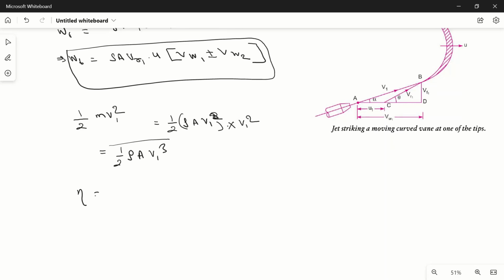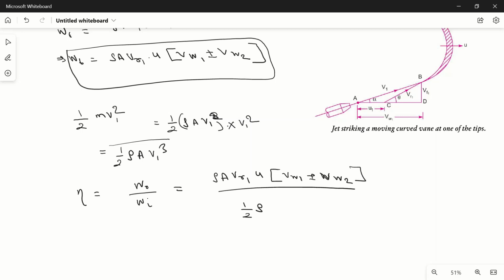This is the input energy and this is the output energy. So efficiency will be work output upon work input, or energy output upon energy input, which will be equal to rho a VR1 U into VW1 plus or minus VW2 divided by half rho a V1 cube.